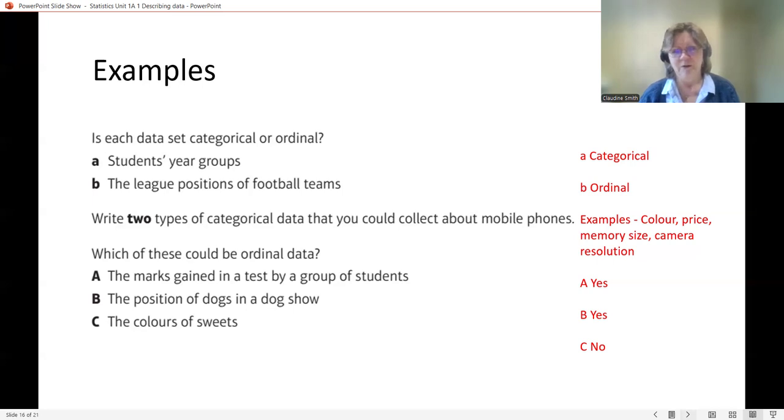So the dogs in a dog show could be ranked from winner down to second place, third place, and so on, down to last place. But C, the colours of sweets, that would not be ordinal data. That's just categorical data.